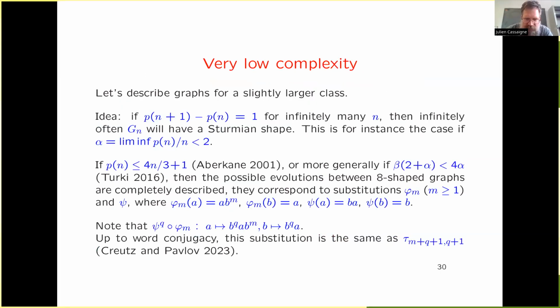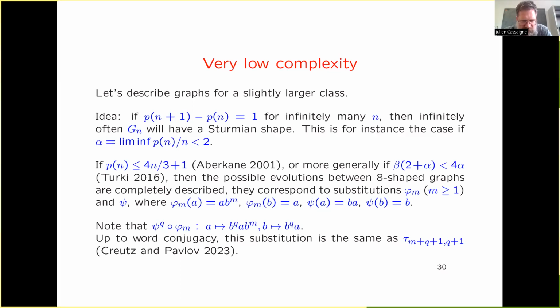And then if you are in the more general case of low complexity, you have additional substitutions phi m that correspond to the left path with m minus 1 times going back and forth between the two bottom graphs.